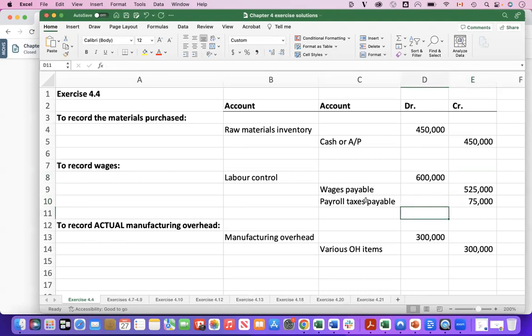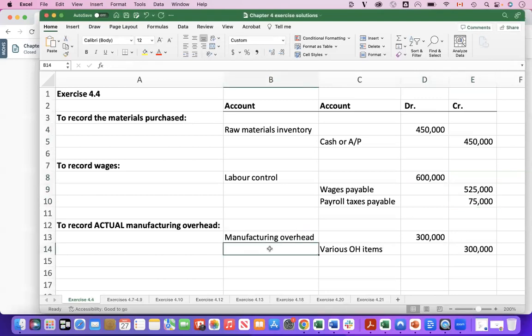So we credit payroll taxes payable $75,000 to show that amount. The remainder goes to wages payable. That's the amount that actually reaches the laborers, the employees, the contractors' actual bank accounts, and we credit it for $525,000. But again, notice for the journal entry, both sides have to balance. Debits are $600,000, credits are also $600,000.